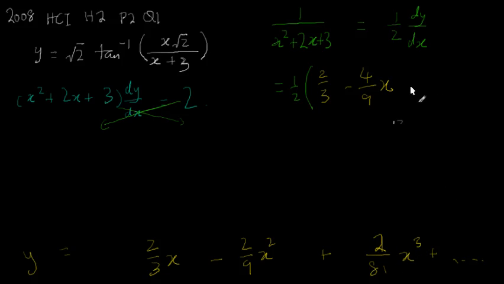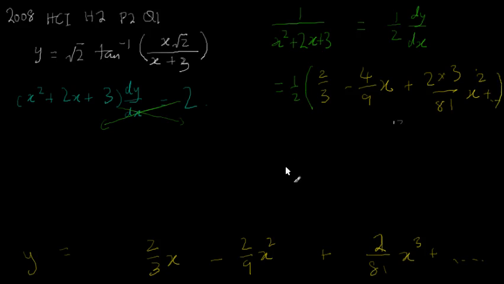Differentiate this to give plus 2 times 3 over 81 x squared. We differentiated x cubed to give 3x squared. Okay, and then plus dot dot dot.